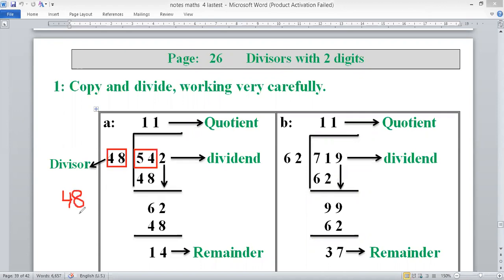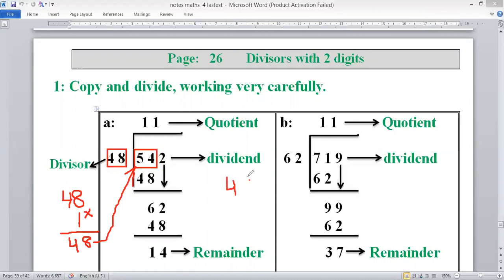when we multiply 48 by 1, we get the same number, 48. This number is less than 54.